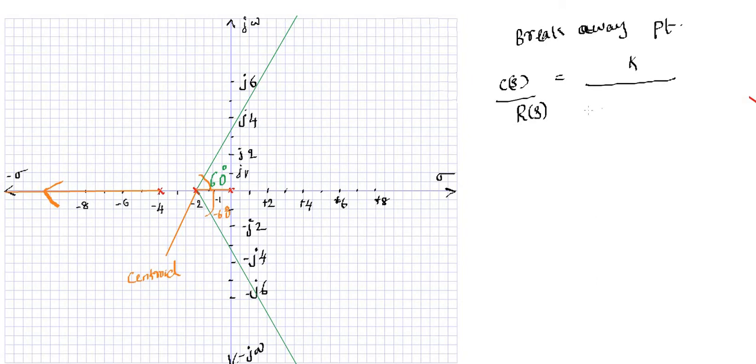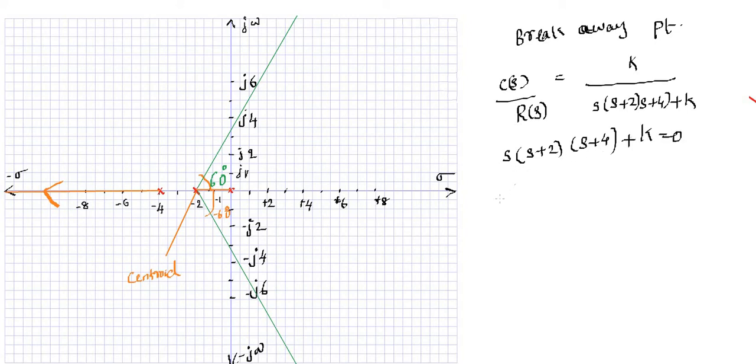Here H of s is equal to 1, then s into s plus 2 into s plus 4 plus k. So, the characteristic equation of the system is s into s plus 2 into s plus 4 plus k equal to 0.